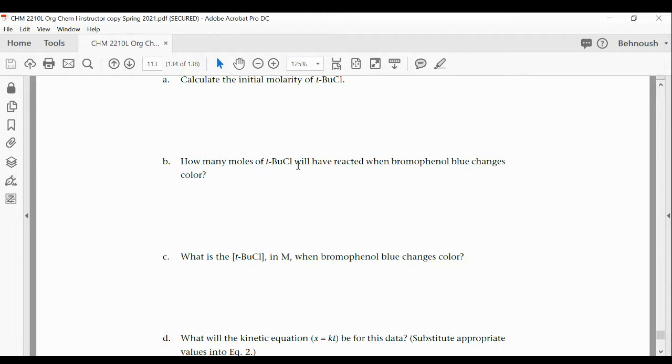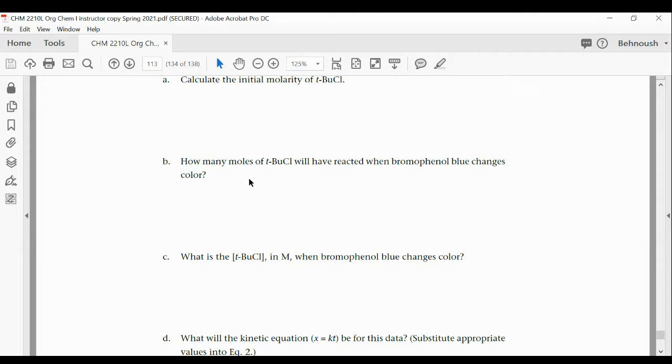When the color change happens, 10% of that initial number of moles is reacted, so you can record that. If you get like 0.1 mole, then 0.01 mole will have been reacted. Whatever you find for the number of moles, which is the molarity times volume in liters, that would be the number of moles.